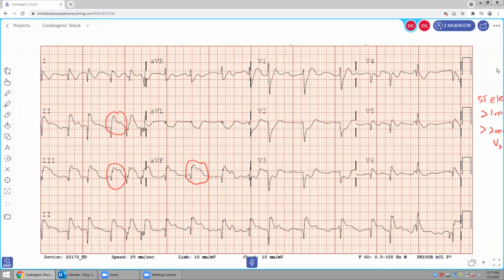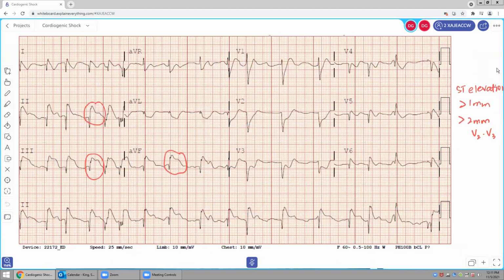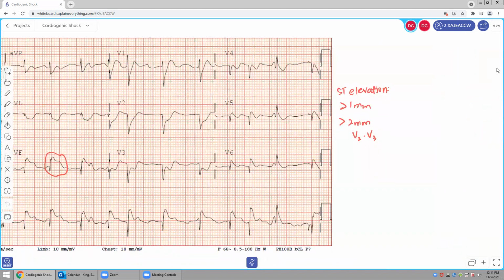If you had to guess a coronary artery that is occluded, what would you guess? Great. So those are your inferior EKG leads. And do you see any depressions anywhere, or do you see elevations anywhere else?